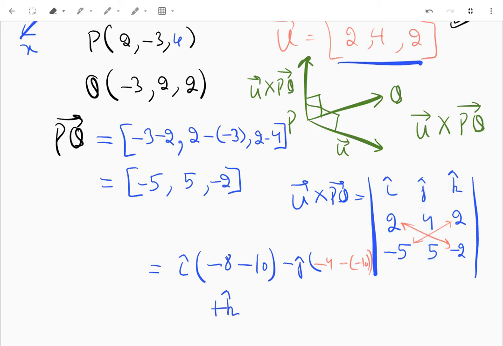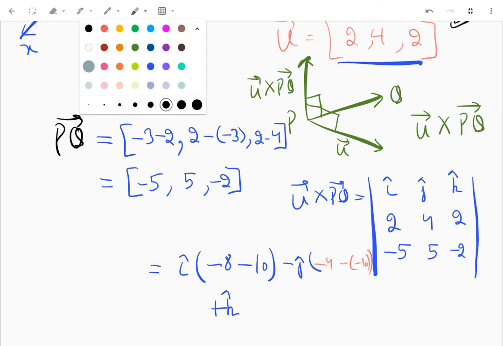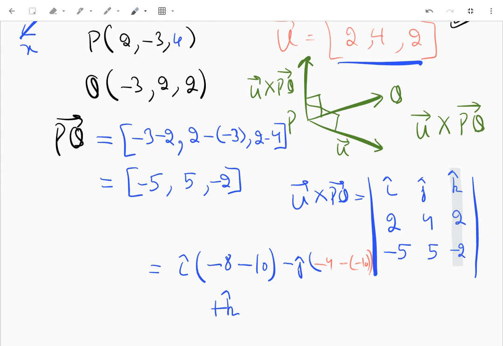And my k component will be the same procedure. For the sake of clarity, I'll repeat it: I'll forget that they exist. Product of this, which is 10, minus product of these, which is negative 20. So this is our cross product.